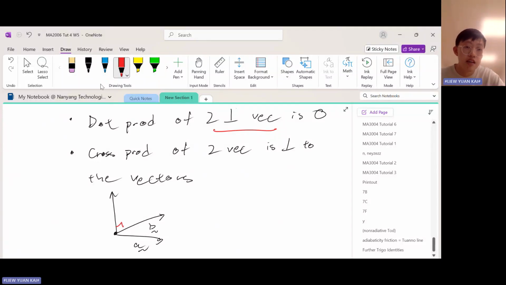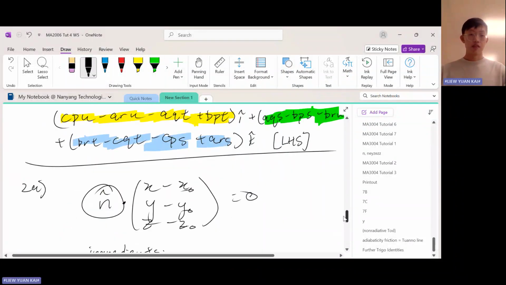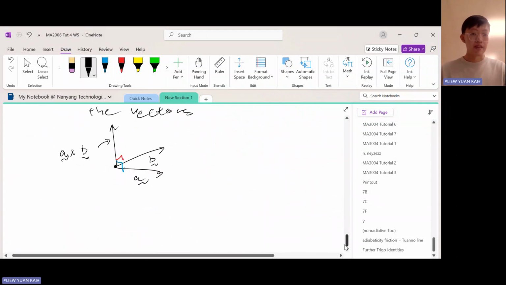Like this and like this. See, they're both 90 degrees away from A, 90 degrees away from B. So this vector is A cross B. That's all you need to know. Okay, we can start.